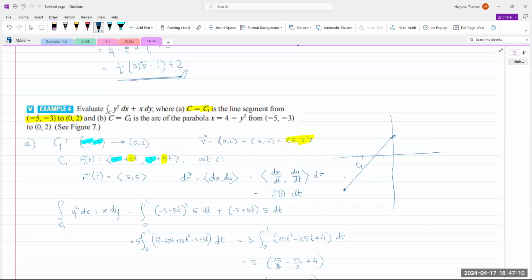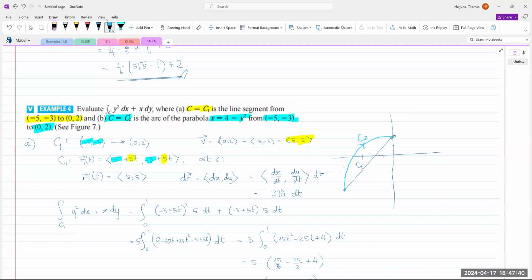Now in the second part, we have C2, which is the arc of the parabola x equals 4 minus y squared. From the same initial point to the same terminal point, but it is through an arc. That's our C2.